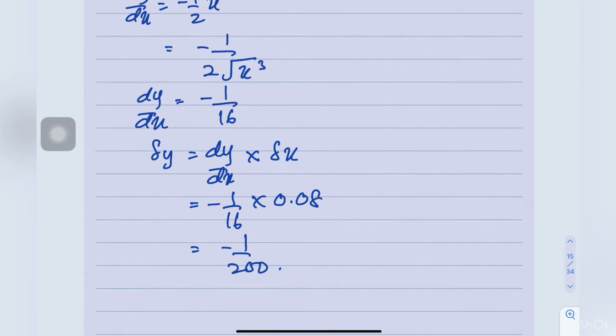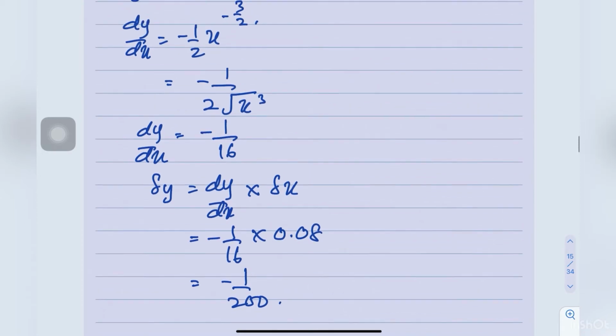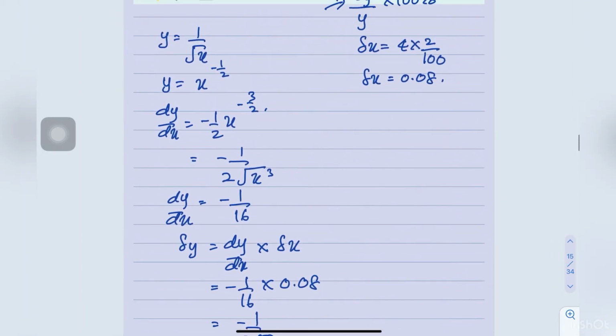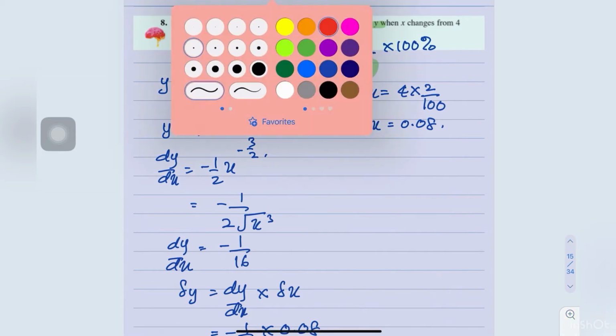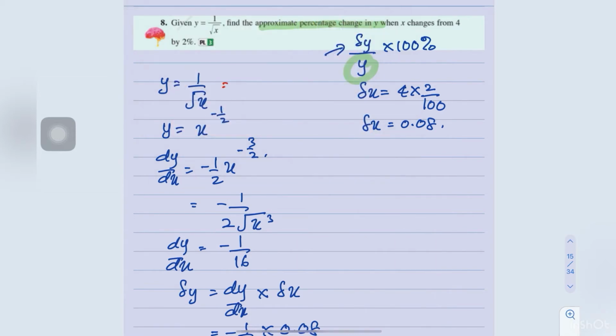Just now we knew that the approximate percentage change in y is delta y over y, so we need to find the value of y. We substitute x equals 4, so 1 over the square root of 4 is 1 over 2.